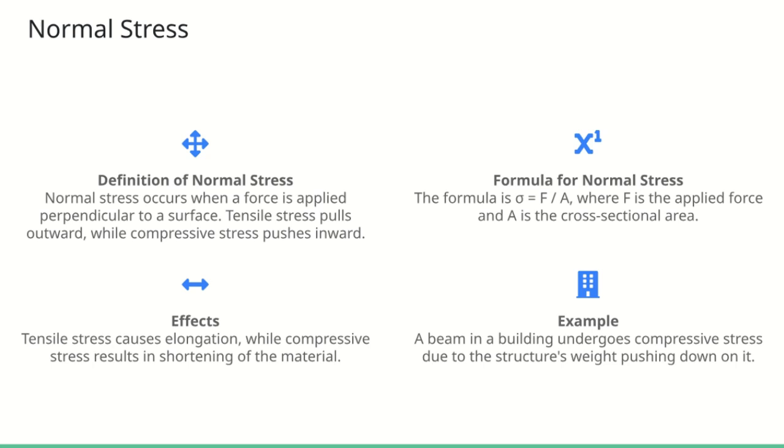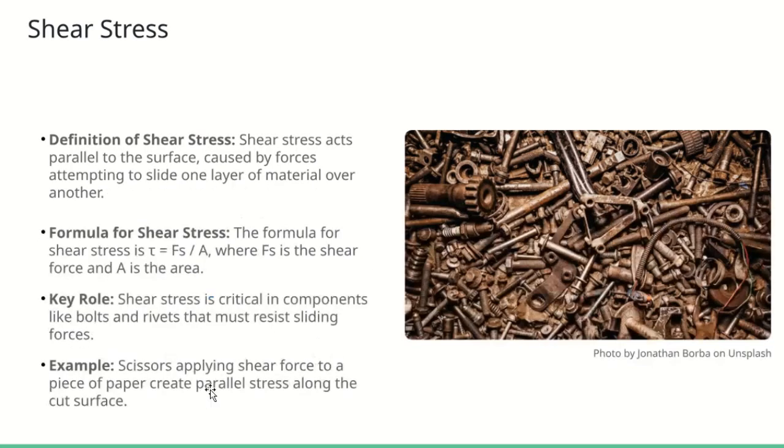Then there is shear stress, which I covered in a previous video lecture. Shear stress acts parallel to the surface, caused by force attempting to slide one layer of material over another.